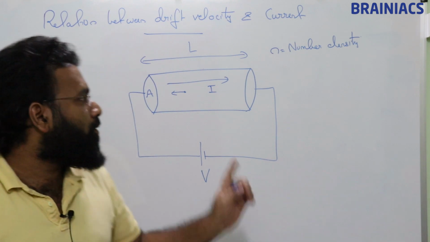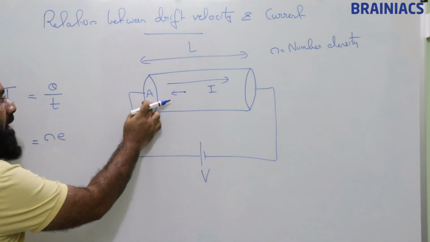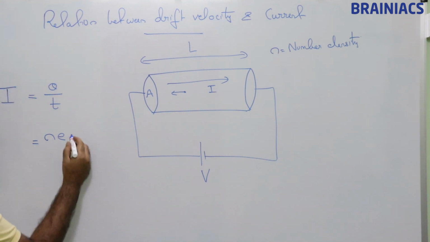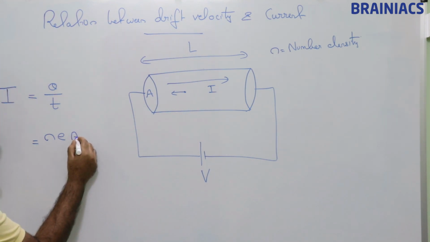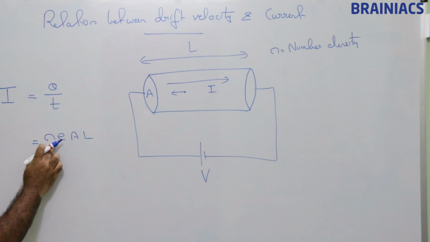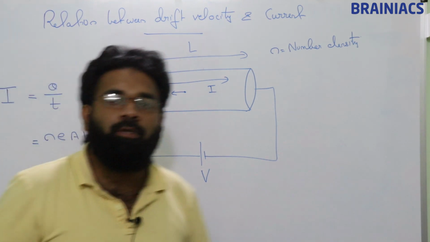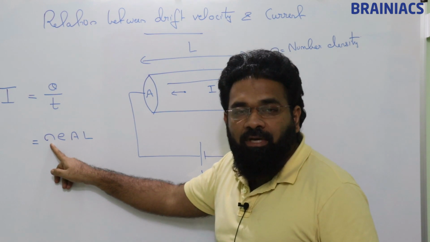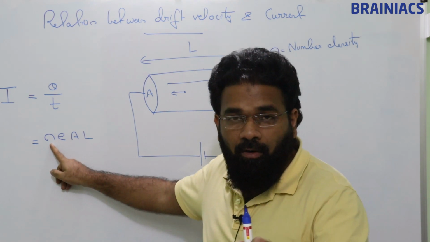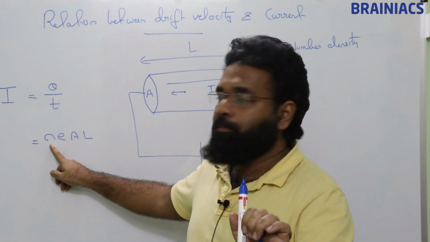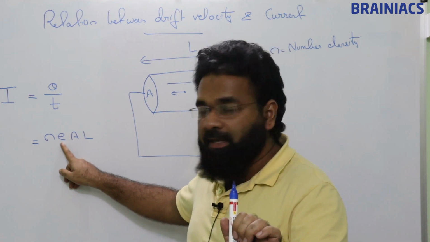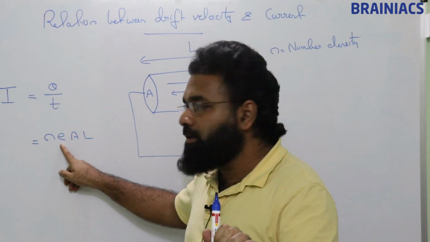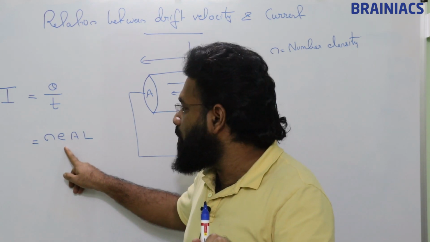Now, what is the volume of this conductor? Area of cross section is A, length of the conductor is L. So if I write A into L, I'll be getting the total charge in this conductor. n is the number of electrons per unit volume, into e means the charge per unit volume.